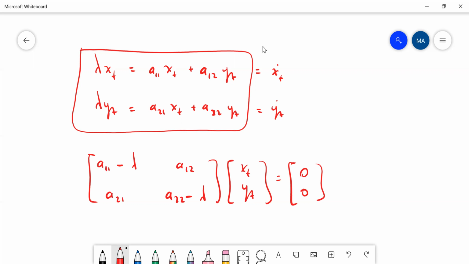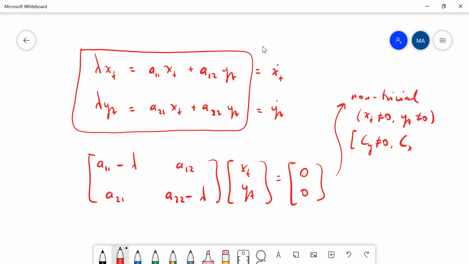So for this system to have a non-trivial equilibrium, and by non-trivial, I mean xt different than 0, yt different than 0, this further requires cx and cy different than 0.